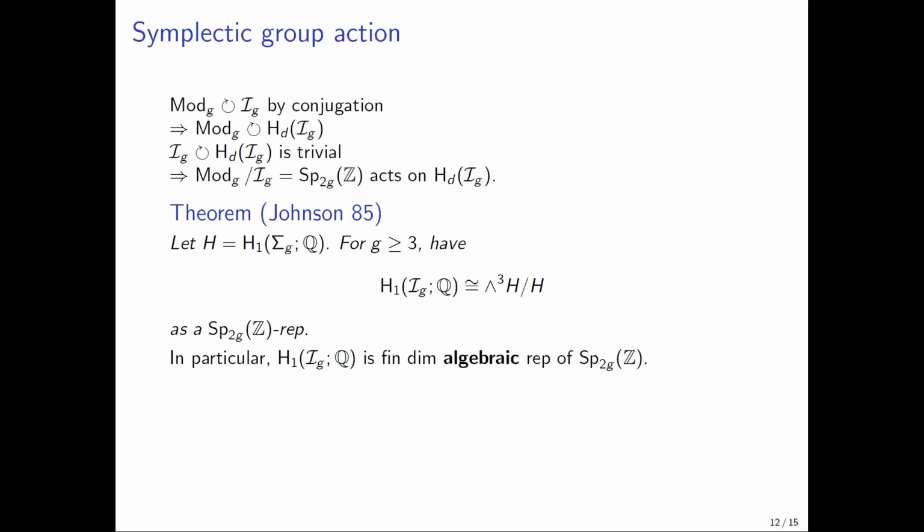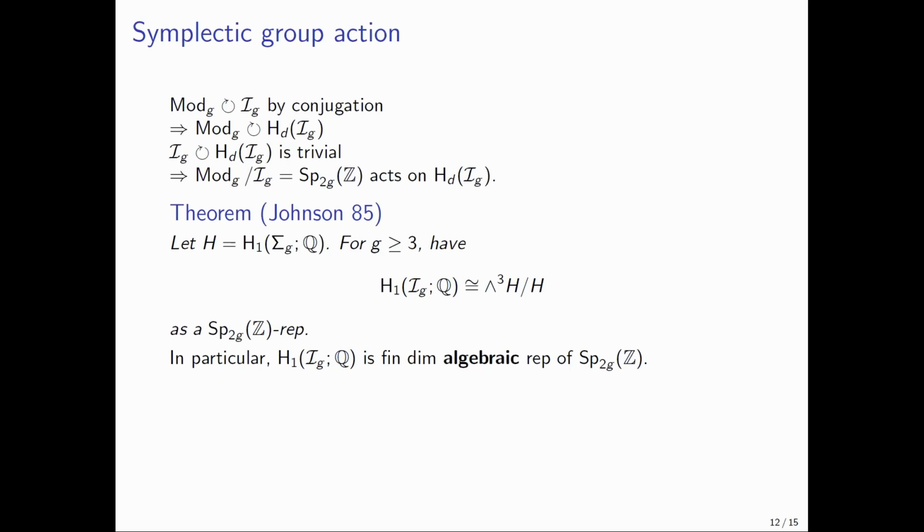In this case, the action of Sp(2g, Z) on H extends to Sp(2g, Q), and therefore this representation, wedge 3 of H mod H, is actually not just a random representation of Sp(2g, Z), but an algebraic one that extends to the algebraic group. Those are special. There are many representations of the symplectic group that do not extend.